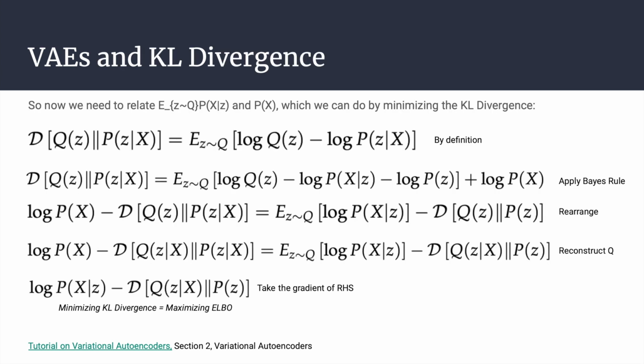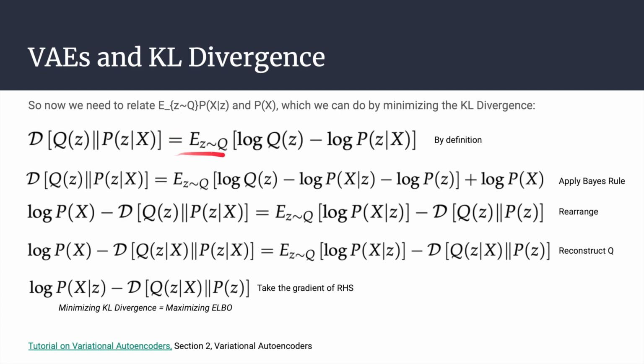So we need to be relating this conditional probability, P of X given Z, to P of X now. And we can do that by minimizing the KL divergence between Q of Z right now, which is this unknown function, and P of Z given X. So this is the KL divergence, which hopefully you've seen before.